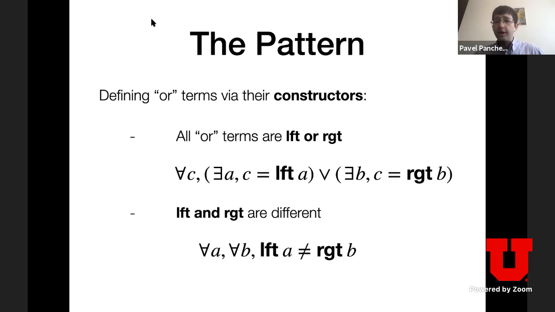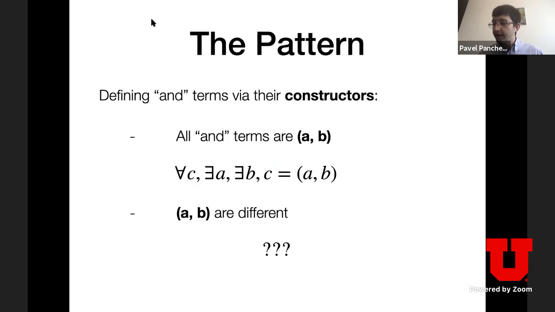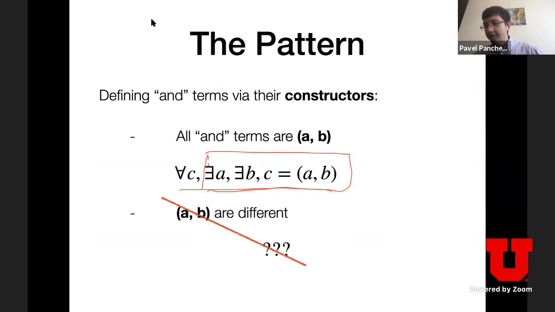So for example, recall that we were talking also last time about AND terms, and we said that all of the AND terms are a pair A and B. And so here, because there's only one introduction rule for AND terms, there's only one kind of place that AND terms could come from. And of course, in this case, the idea that all of the different introduction rules produce distinct values doesn't really make sense anymore because there's only one introduction rule.